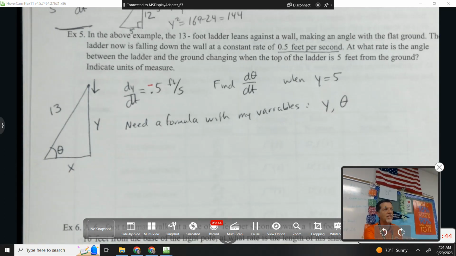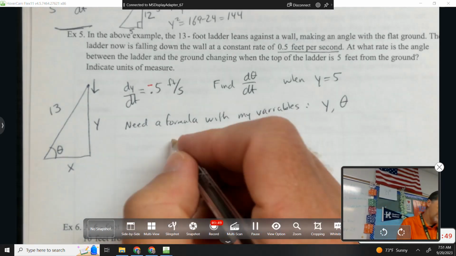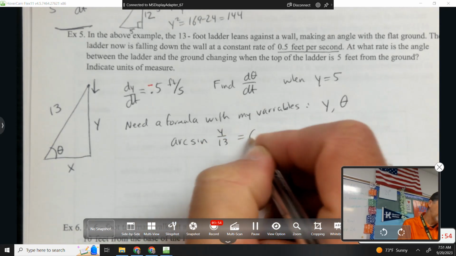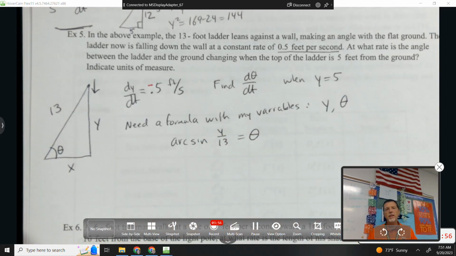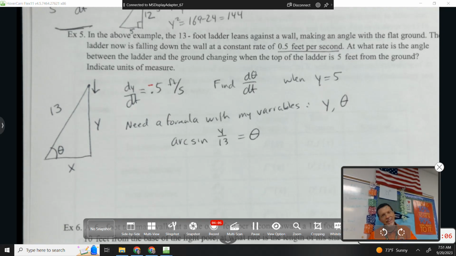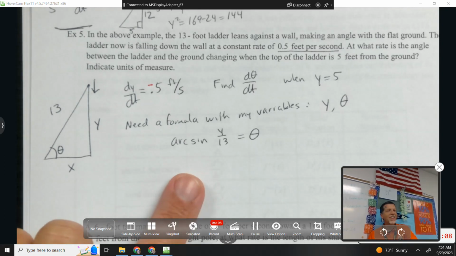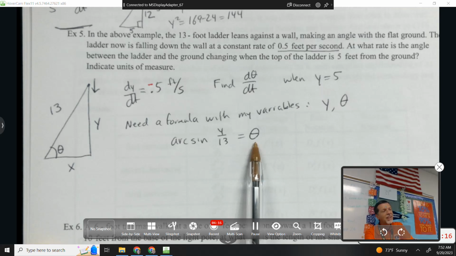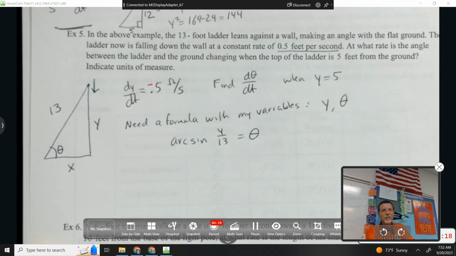Joe? Arc sine of y over 13 equals theta. Yes. Except that we don't know the derivative for arc sine. We will learn it later, but we don't know it now. That's actually maybe a good one, because then we'd have d theta/dt by itself already. But we don't know the derivative for arc sine.